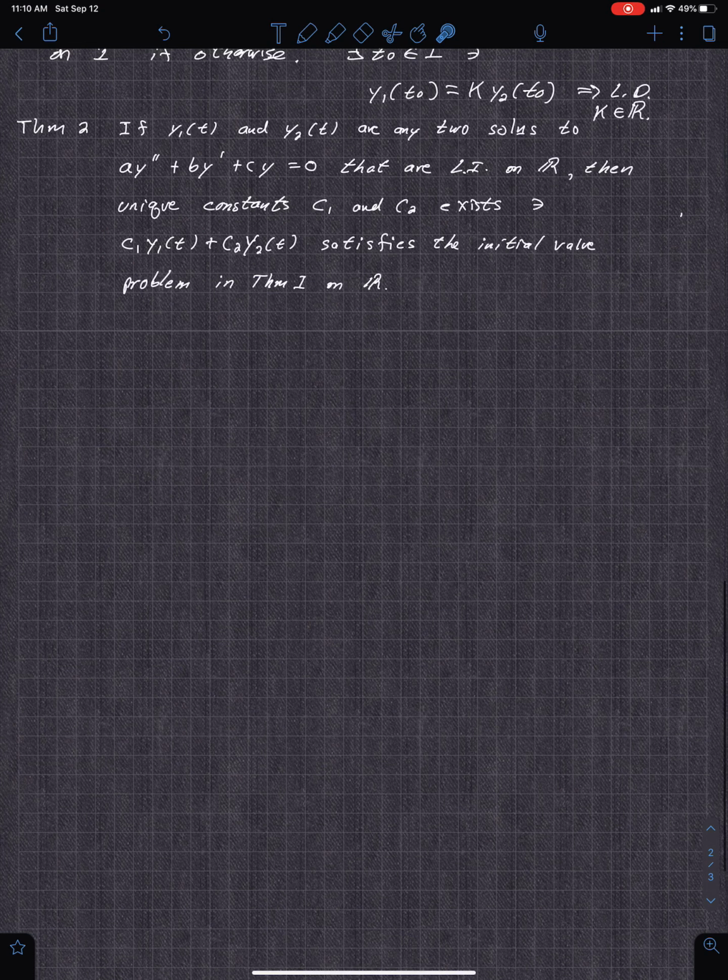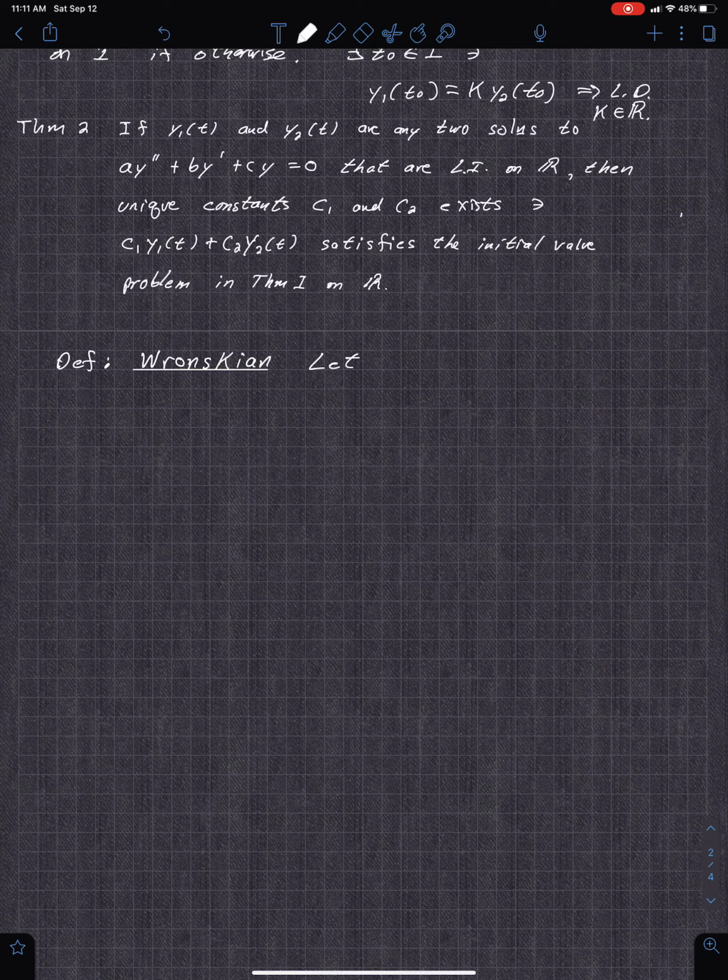Okay, so before we actually do the proof of theorem 2, let's look at another definition we're going to use. We're going to need the definition of what's called a Wronskian. So this Wronskian looks like this. I'm using different symbols than the book.